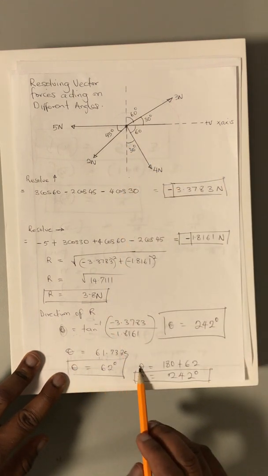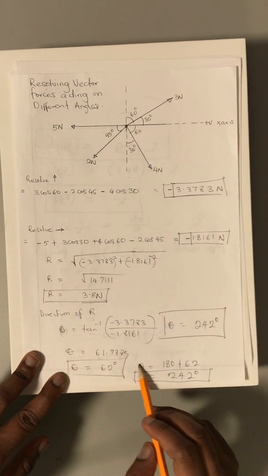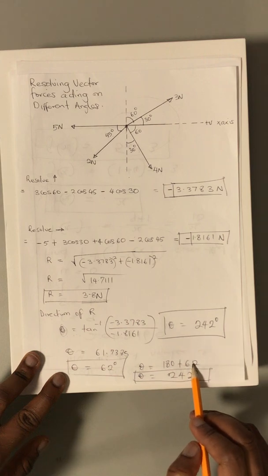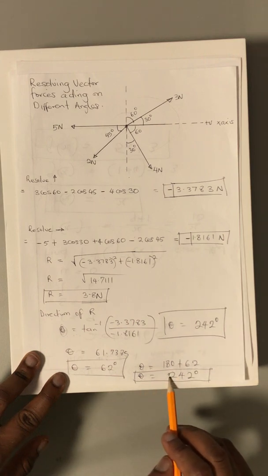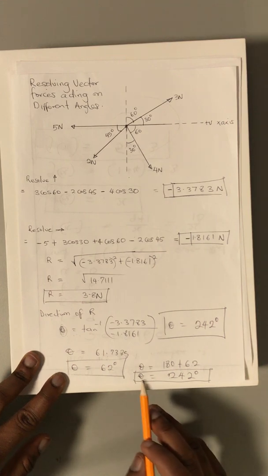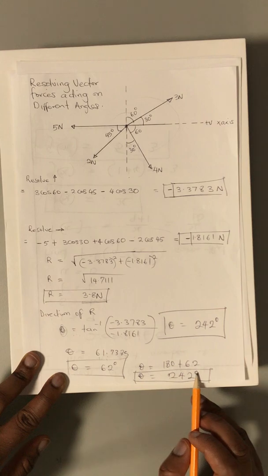So the direction of the resultant force will be theta, which equals 180 plus 62, which equals 242 degrees. Once again, our direction equals 242 degrees.